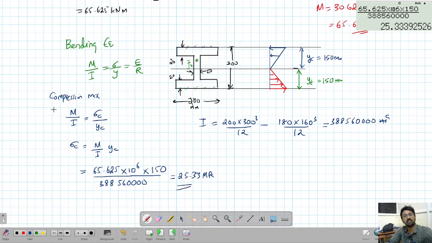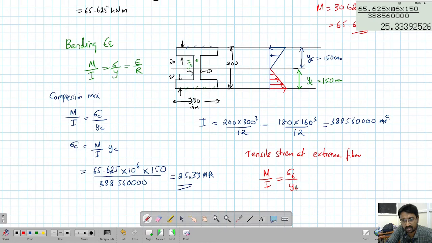Since I know this is compression, I'm not using any sign convention here. I'll just write 25.33 MPa as compression. It's basically negative, but we are not disputing the sign. Now tensile stress, we can also find like this. Tensile stress at the extreme fiber: M by I equals sigma tension upon yt, so sigma tension equals M by I into yt.